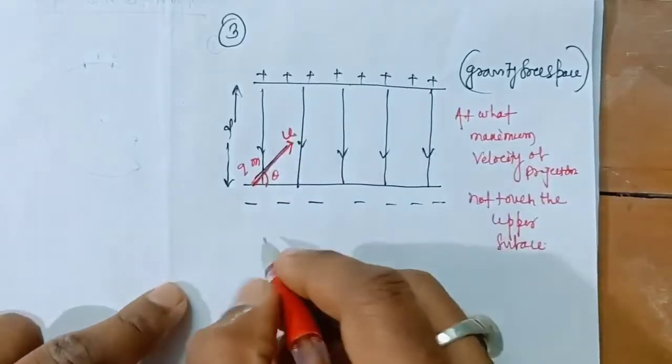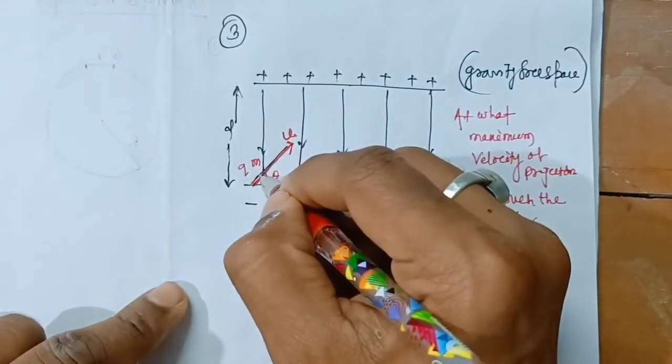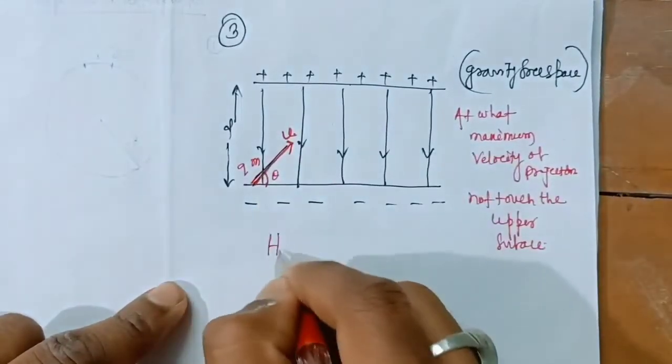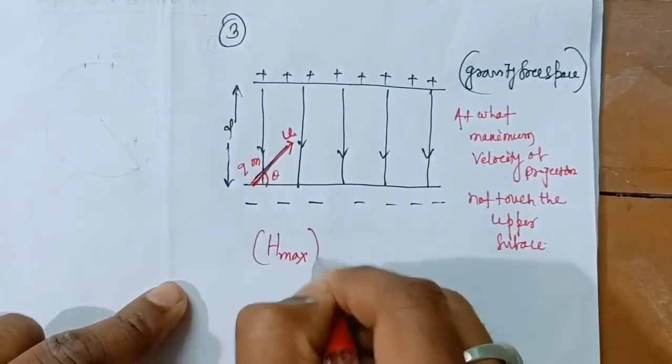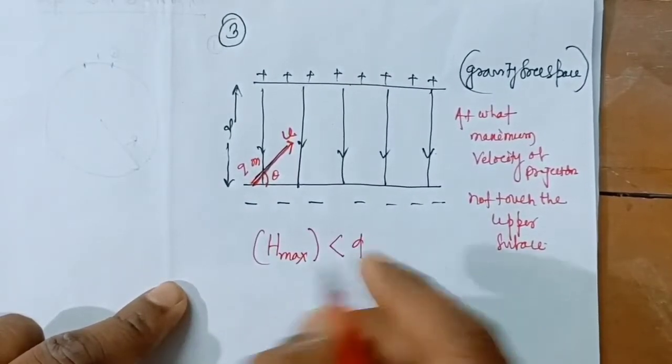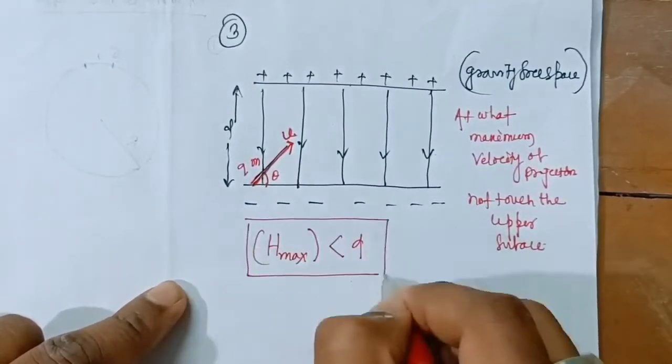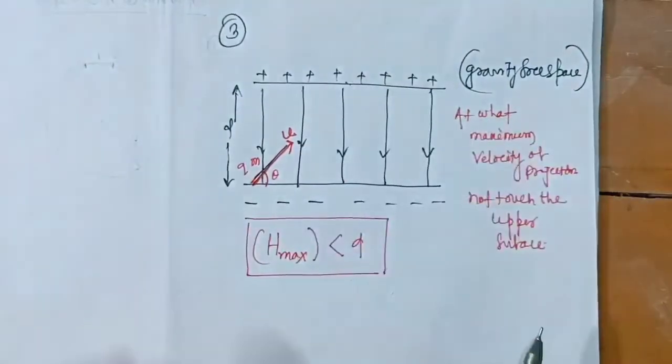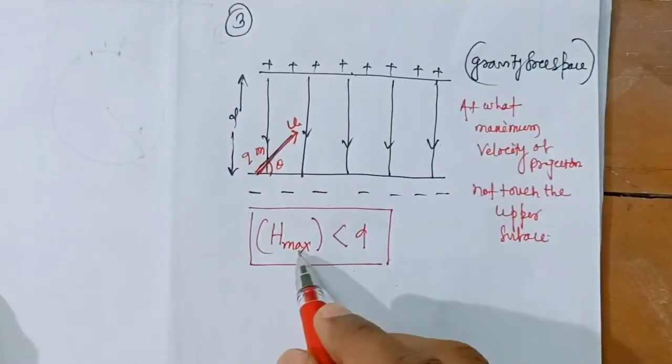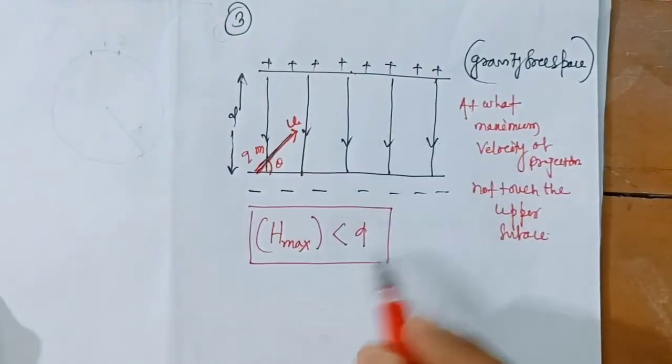The maximum height of the projectile must be less than d. In that scenario, definitely it will not touch the upper surface.